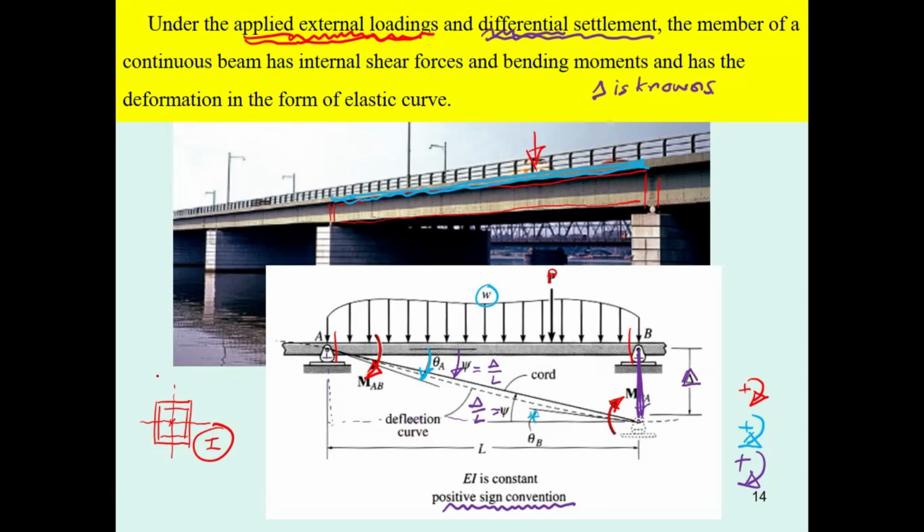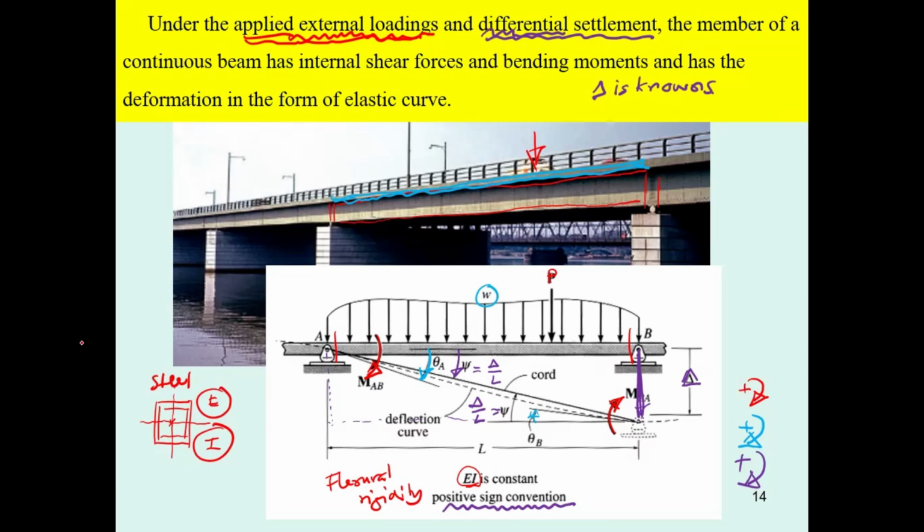Since this box may be built from steel, you also have the material property E. E is the modulus of elasticity. When you multiply E with I, we call this flexural rigidity, and that shows the stiffness of the beam.